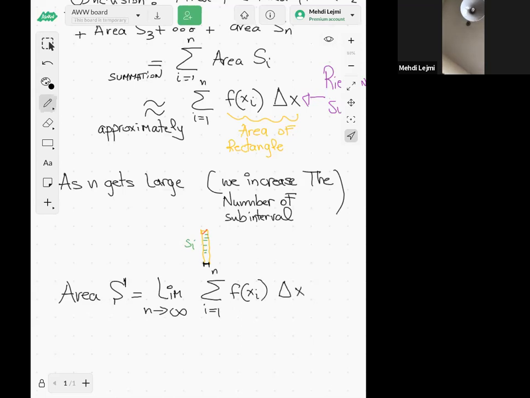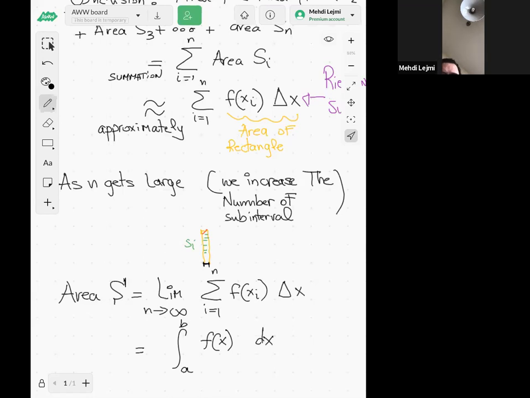By definition, this is the integral of f of x over the interval [a, b], dx.